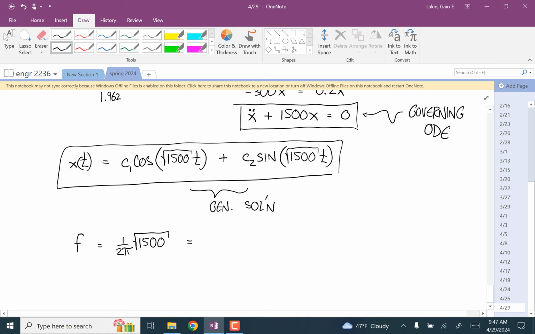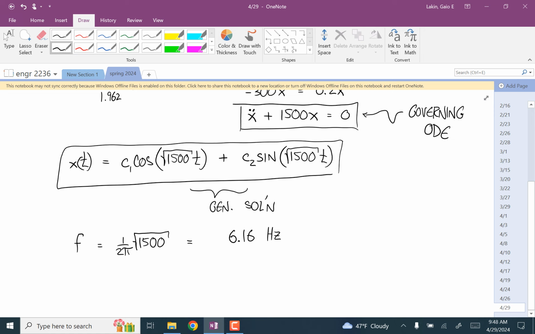And we get a frequency of 6.16 hertz. This is a pretty small mass and a pretty stiff spring, so this thing's vibrating pretty fast. Okay? Any questions about that?